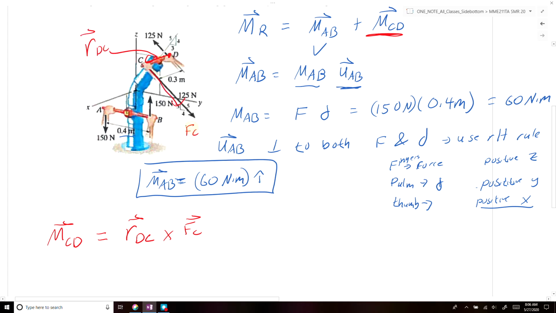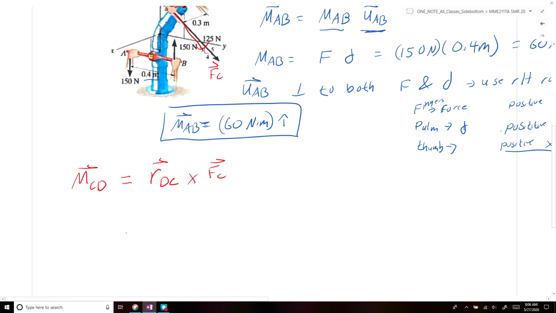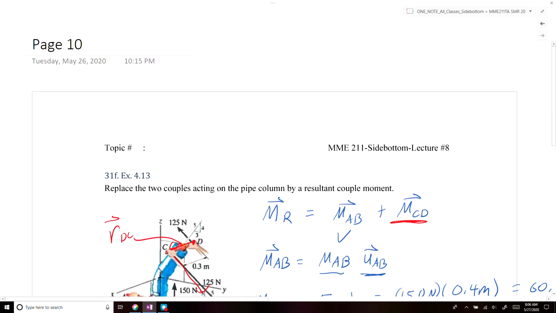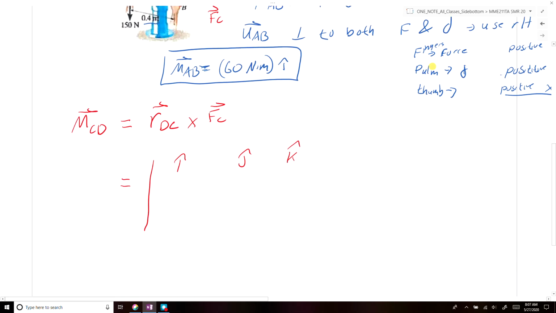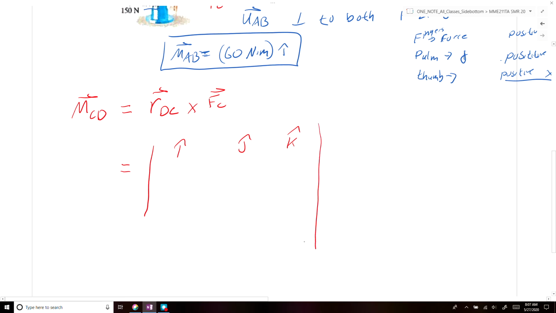We define RDC and FC as Cartesian vectors, and we'll define them inside of our cross product formula. From point D to point C, that goes along the positive x-axis, so it'll just be equal to 0.3 meters, and the rest of it will be just 0 and 0.